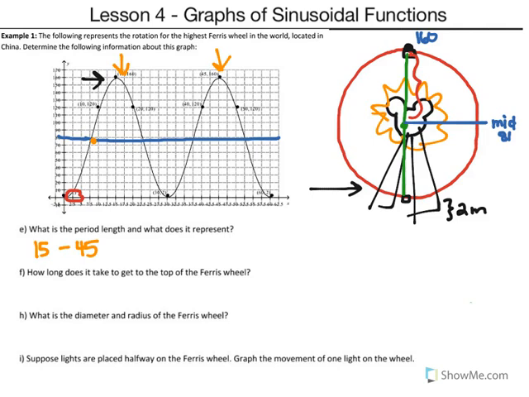So we're going to go start to finish. So 45 minus 15 is equal to 30. And we want to go from those points just because they're given to us right on the graph. So 30 minutes is the time it takes for you to go around the entire Ferris wheel.